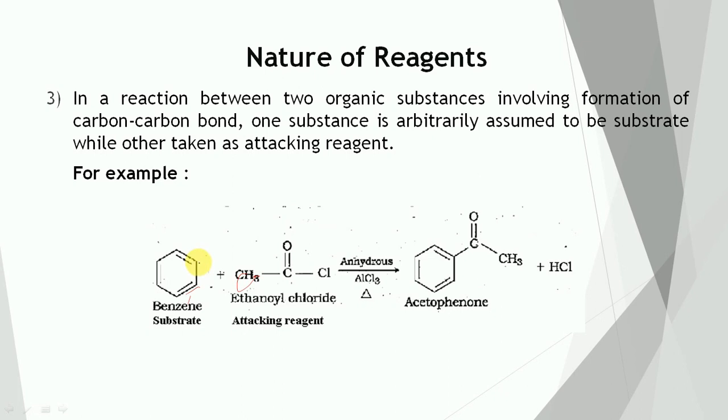So there is a formation of a bond between this carbon and this carbon. The final product will form. So benzene here is taken as the substrate, and ethanoyl chloride is taken as the attacking reagent. So it is all about the nature of the reagent and the rules for selection of substrate and attacking reagent. Which one is the substrate and which one is the attacking reagent?